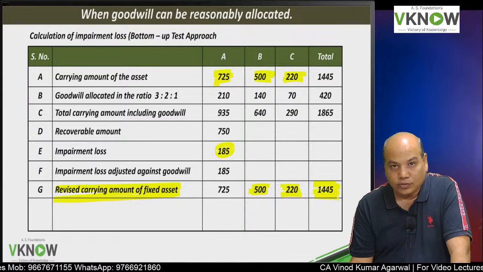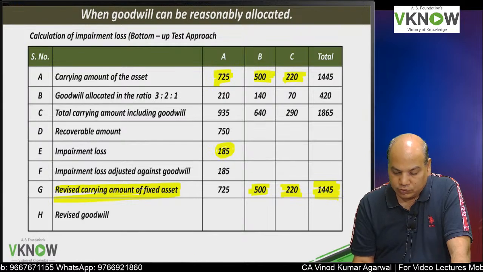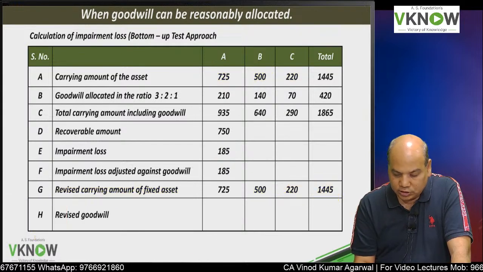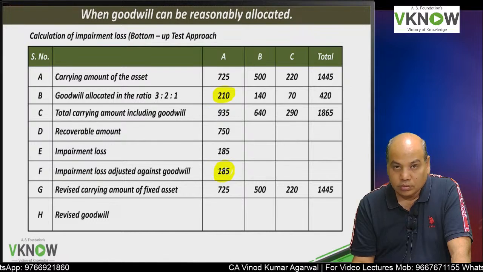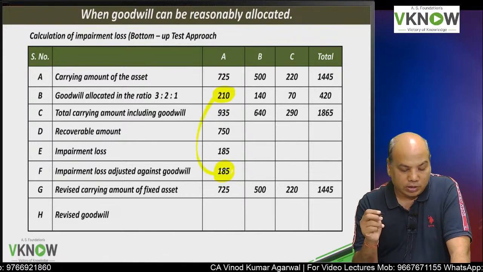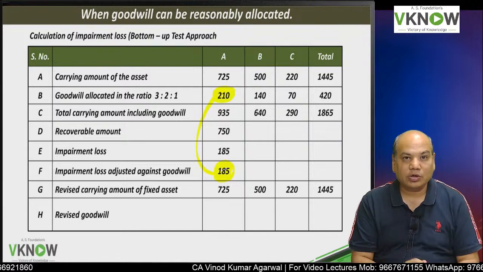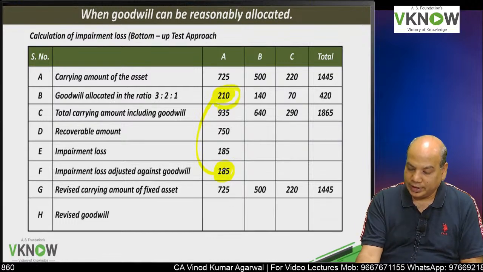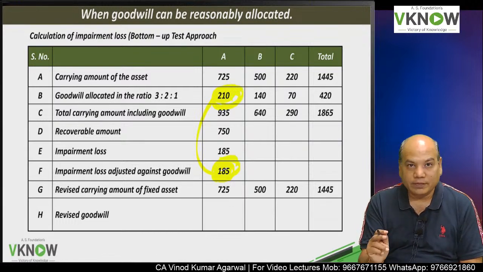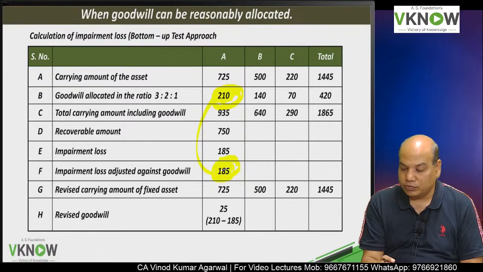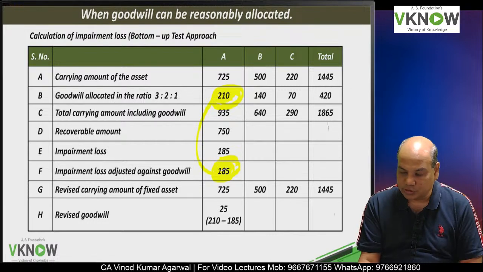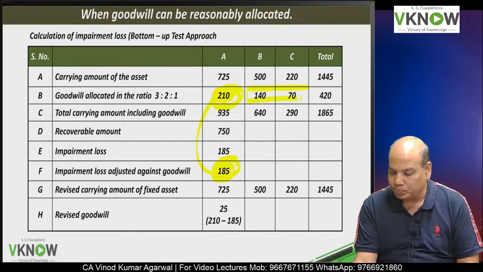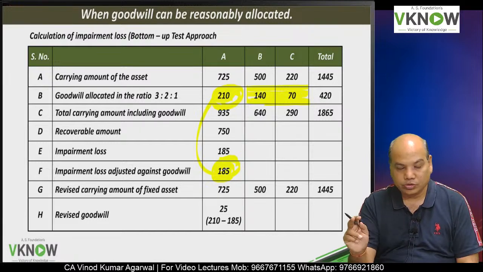Total comes to 1445. But what about the goodwill? Will the goodwill change? It was 210, goodwill impaired 185. So tell me, what is the revised value of goodwill? 210 minus 185. So the revised value of goodwill will be 25. For B and C, there is no change.